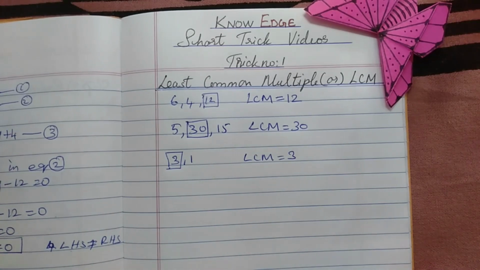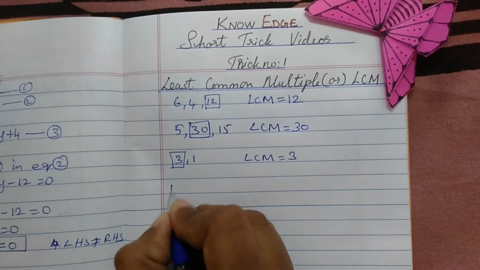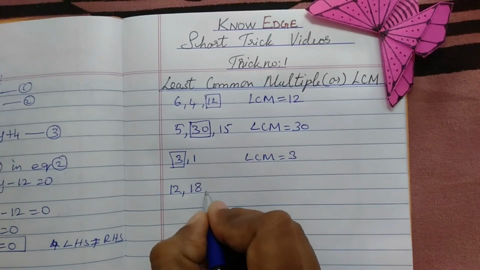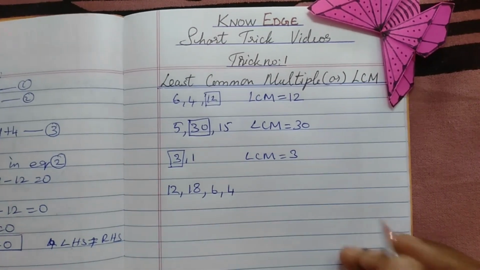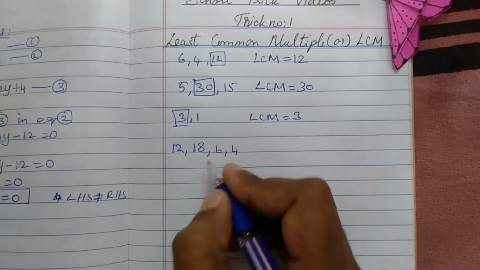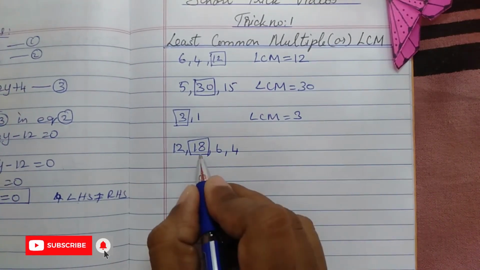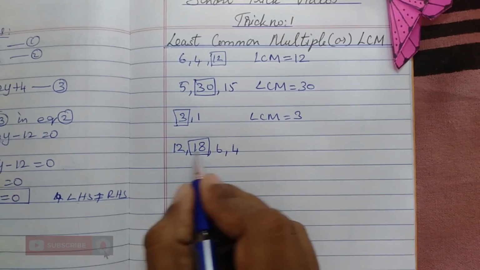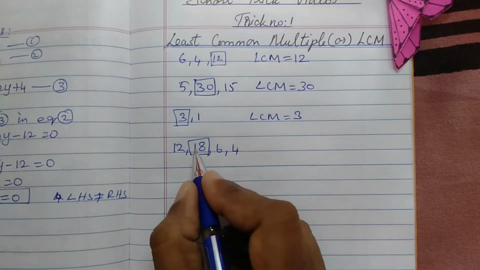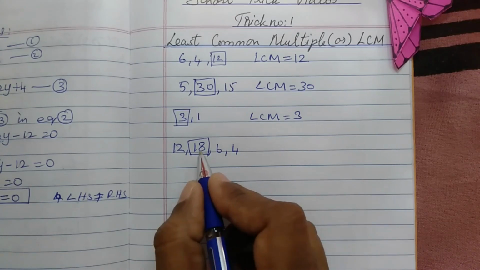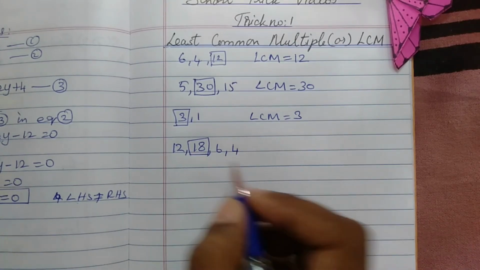Okay. And then suppose we have a set of numbers 12, 18, 6 and 4. Now here our greater number is 18. Let's try to divide 18 by all the other numbers. 12 cannot divide 18. 6 can divide 18, 6 3s are 18, so it divides. And 4 cannot divide 18.